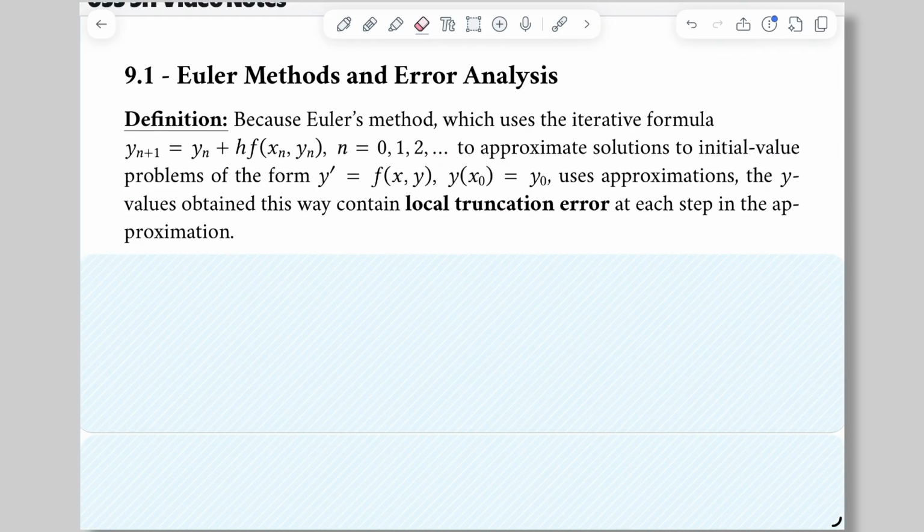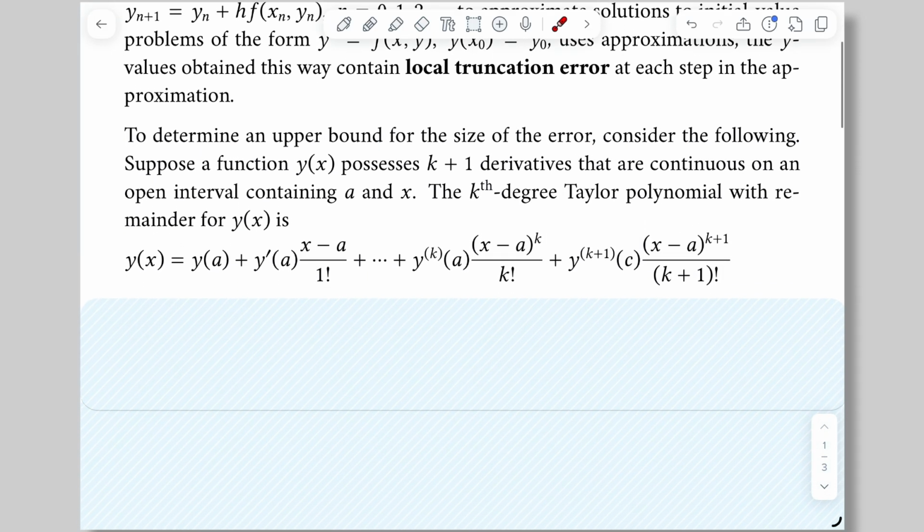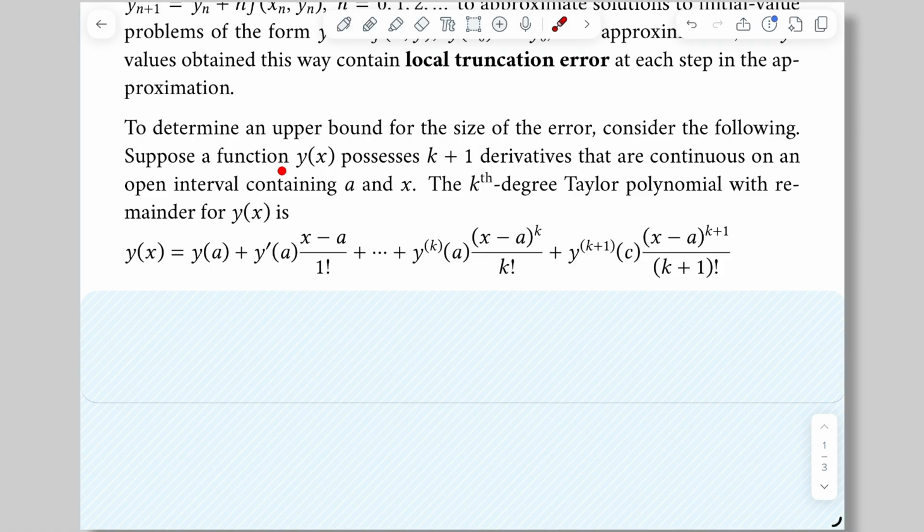To figure out the maximum size of the error, we actually invoke Taylor polynomials. Suppose a function y of x has k plus 1 derivatives that are continuous on an open interval containing a and x.